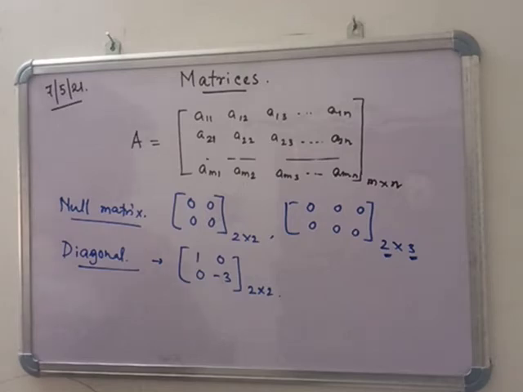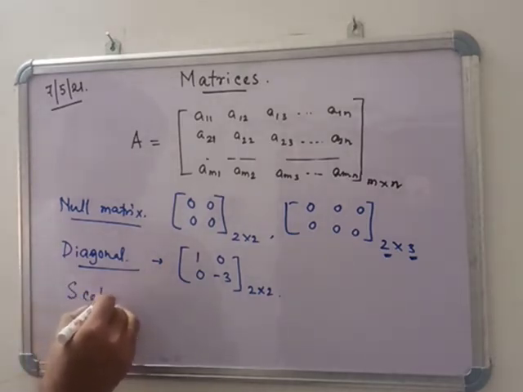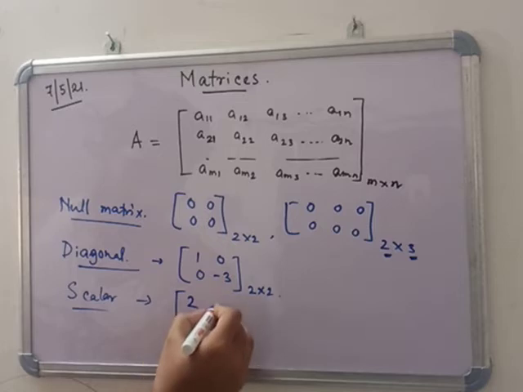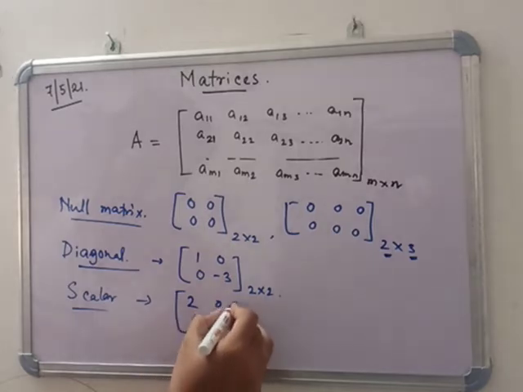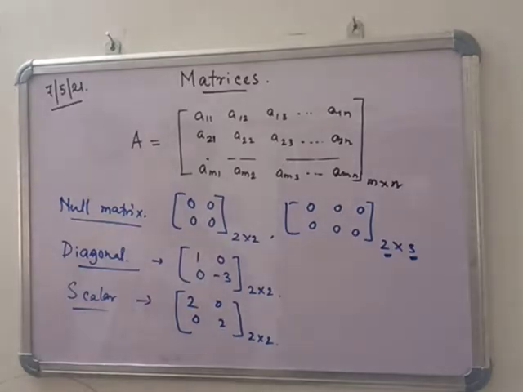What is a scalar matrix? A scalar matrix is a square matrix and the diagonal elements are not 1, any number other than 1. So a scalar matrix is a square matrix with elements only on the diagonal, other than 1. This is called a scalar matrix.